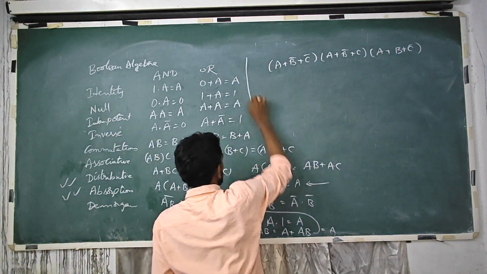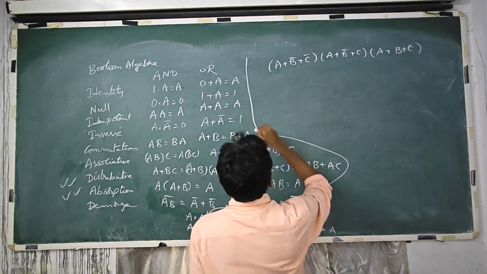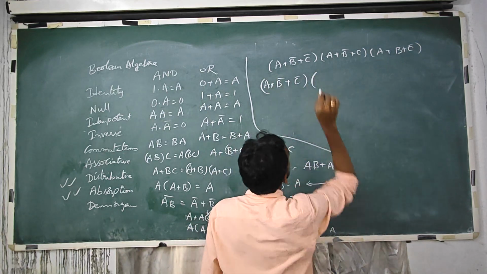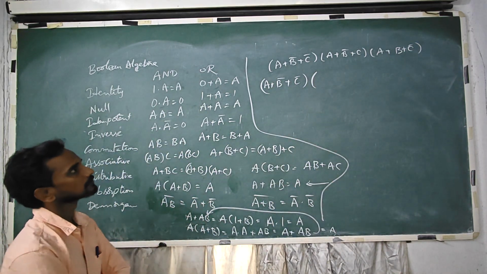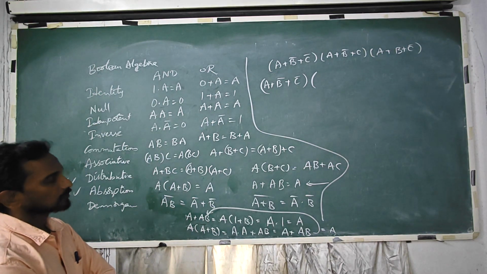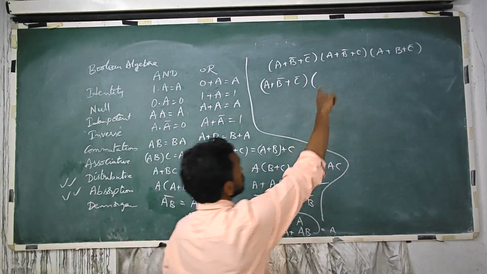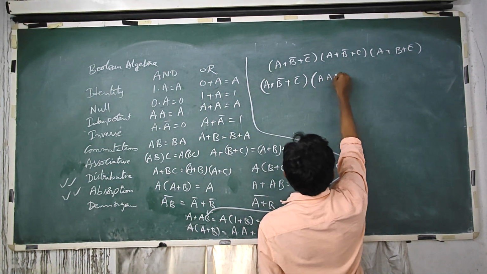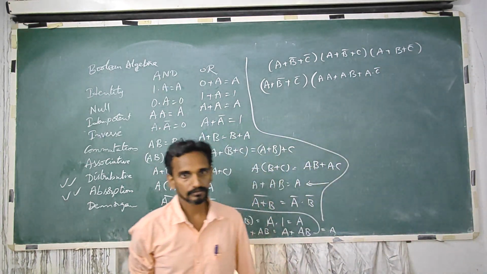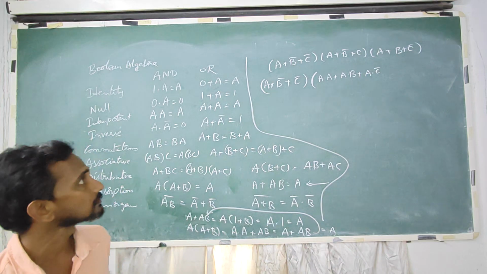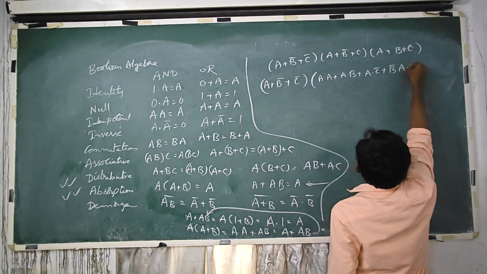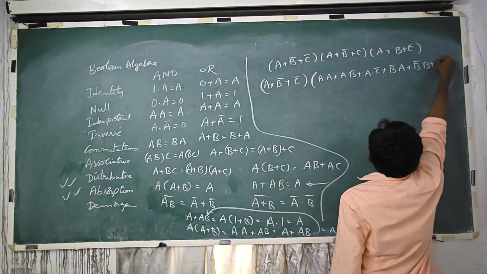If you go straightforward, what do you get? A into A plus A into B plus A into C bar. Next one with B bar: B bar A plus B bar B plus B bar C bar.